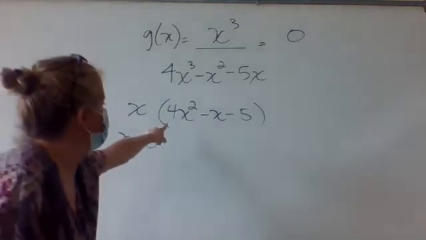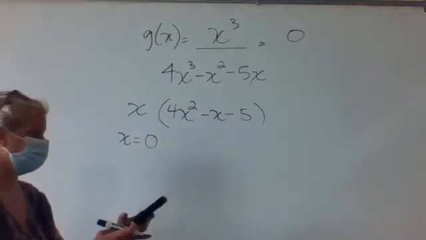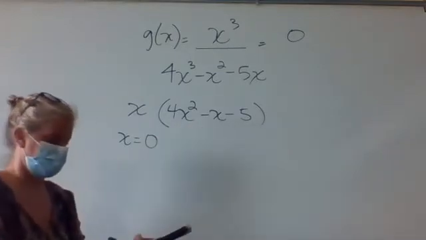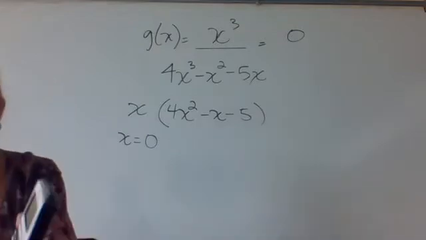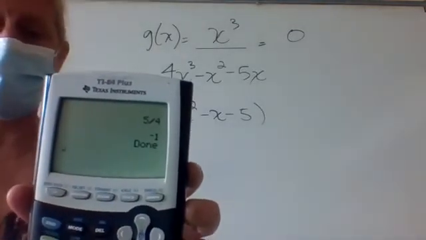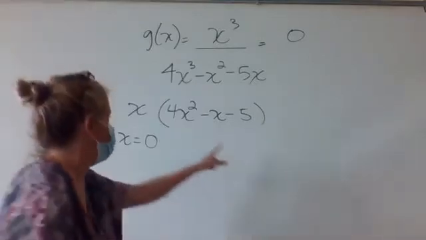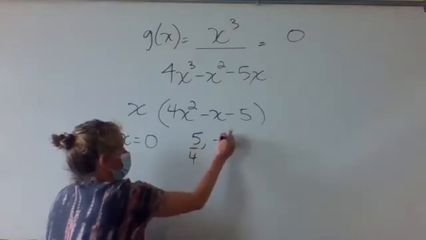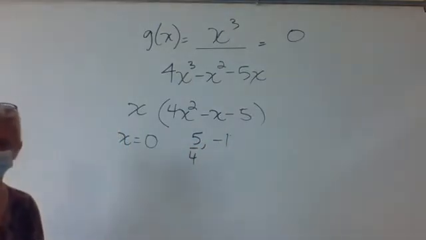So now I can put that into the quad formula. So let's see, A is going to be 4, B is -1, C is -5, hit enter. I'm going to have to enter it twice because it gave me a decimal. So 5/4 and -1 are the other zeros that came from the rest of that.